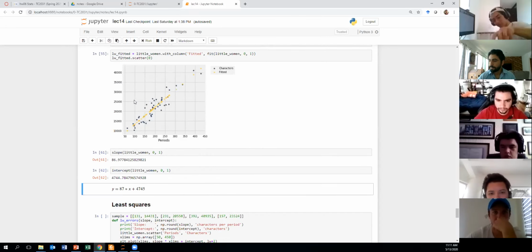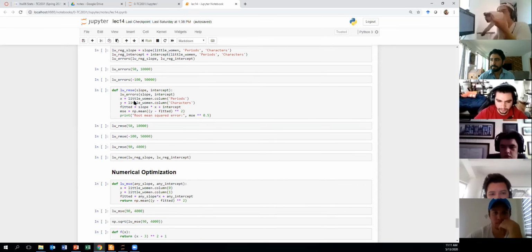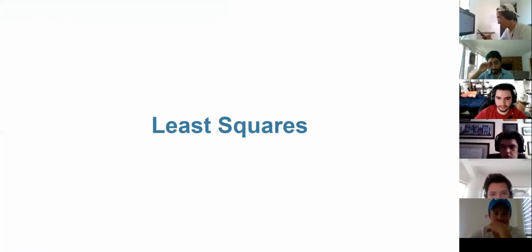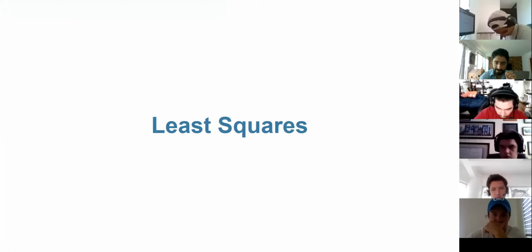So let's talk about least squares. You saw that when I draw this regression line, some points fall above it, some points fall below it. For example, this is my prediction line, some points are beyond my predictions, some points are below my predictions.